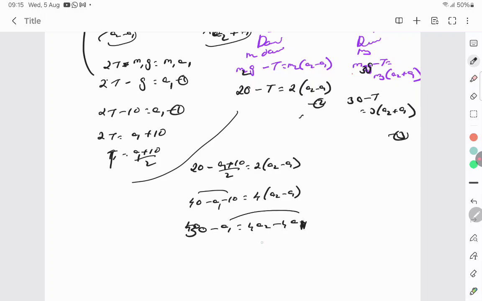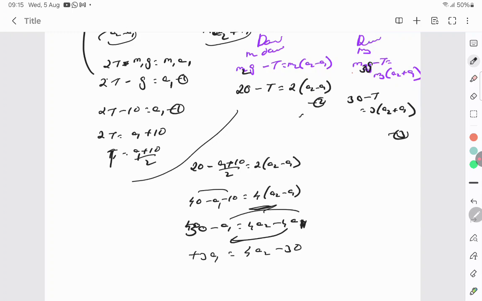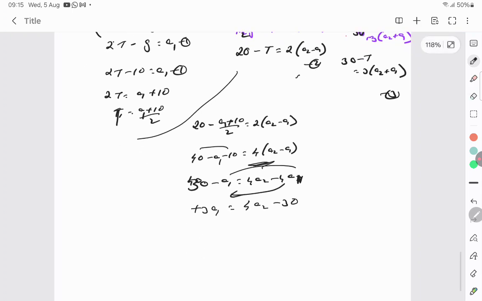Bringing this side, it will become plus 3A1 and 3A1 is equal to 4A2 minus 30. Just trying to get two equations with A1 and A2, that's all. So 30 is equal to 4A2 minus 3A1, and that's my first equation.